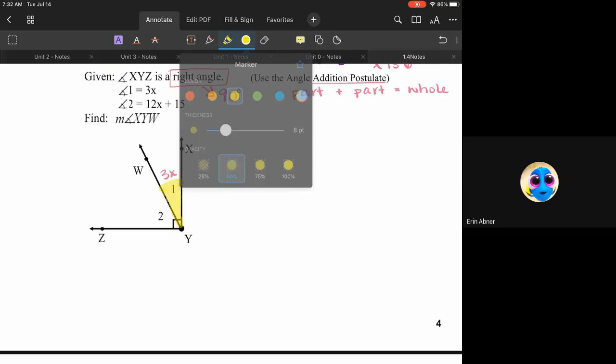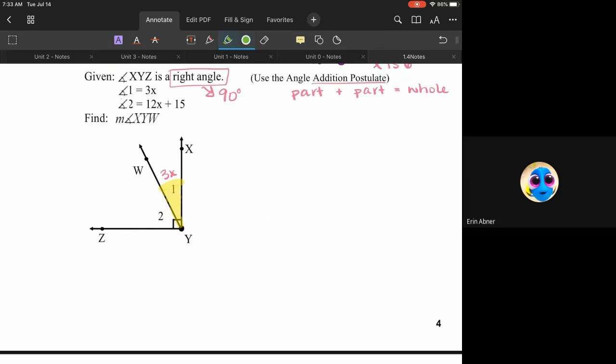Then they said that angle 2, so this here, is 12x plus 15. Okay, so now we know what our two parts are.